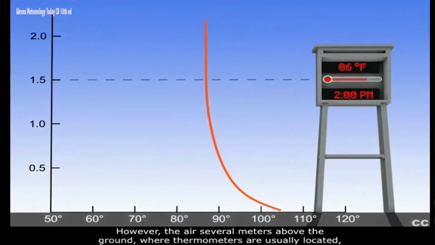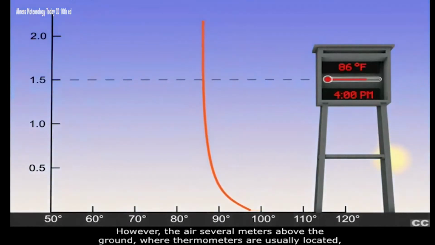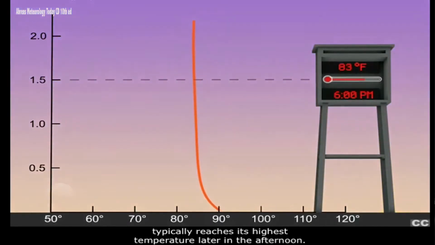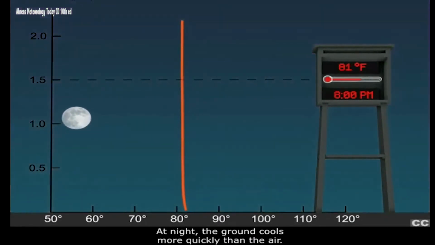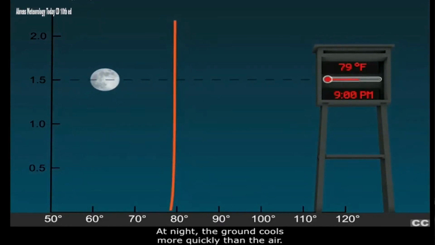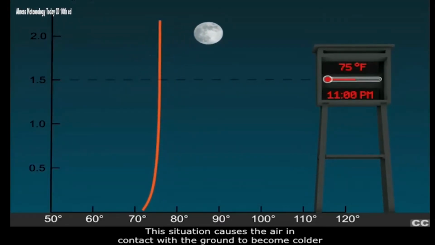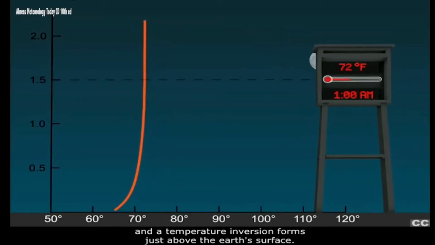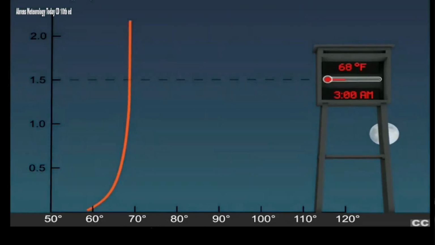However, the air several meters above the ground, where thermometers are usually located, typically reaches its highest temperature later in the afternoon. At night, the ground cools more quickly than the air. This situation causes the air in contact with the ground to become colder than the air several meters above, and a temperature inversion forms just above the Earth's surface.